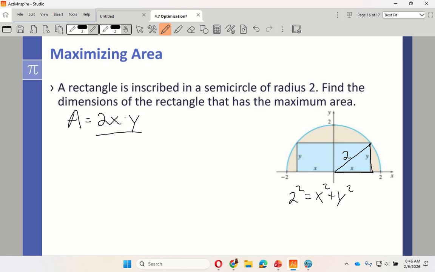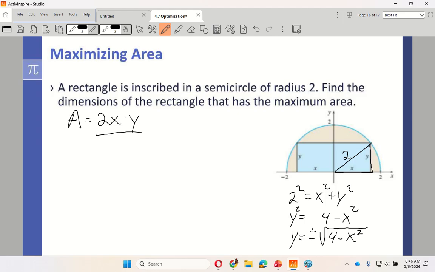So let's see. I'm going to say that y is equal to 2 squared is 4 minus x squared. So y equals plus or minus the square root of 4 minus x squared.